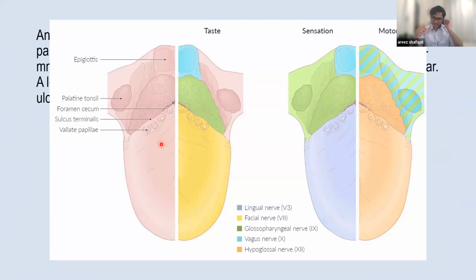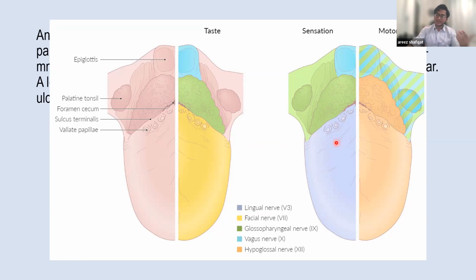Let me just explain this tongue thing. Sensations to the tongue can be general and they can be taste. The tongue is also divided into anterior 2/3 and posterior 1/3. General sensation to the anterior 2/3 of the tongue is carried by the mandibular nerve, which is V3. Taste to the anterior 2/3 is carried by the facial nerve.